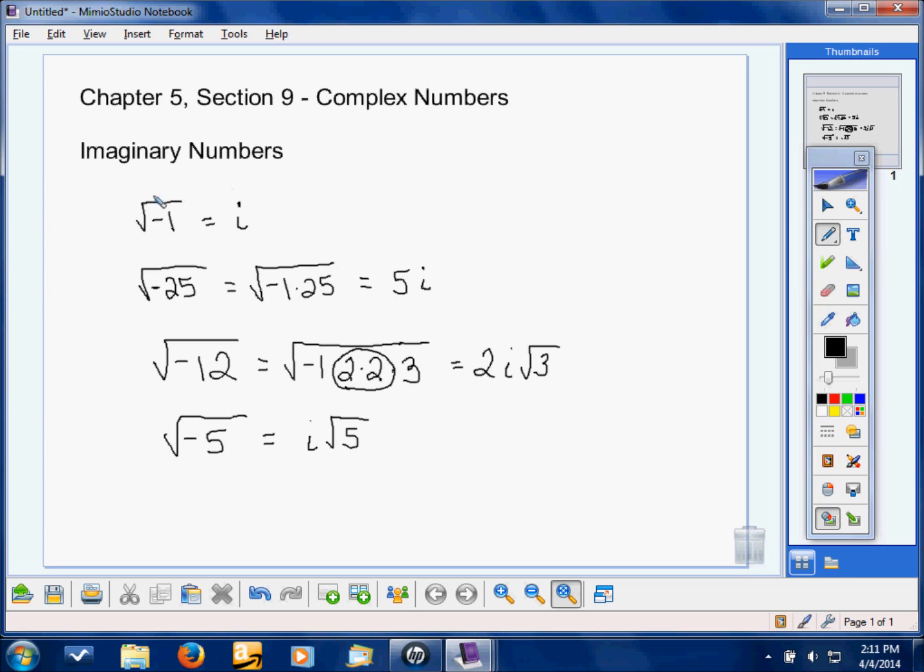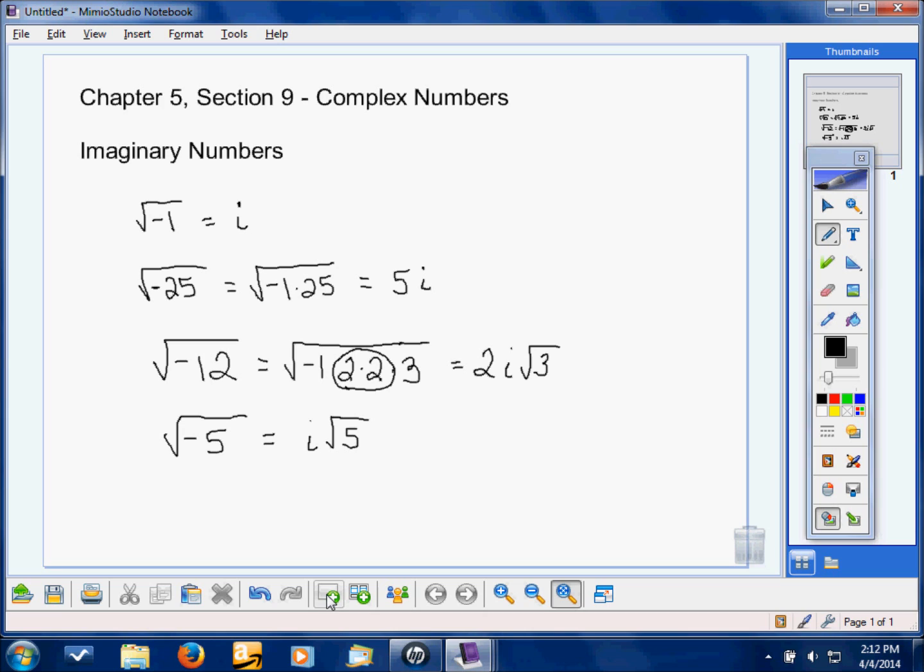Now what we need to do is think about and analyze and work out what happens when you begin to take an I, an imaginary unit, to a power.